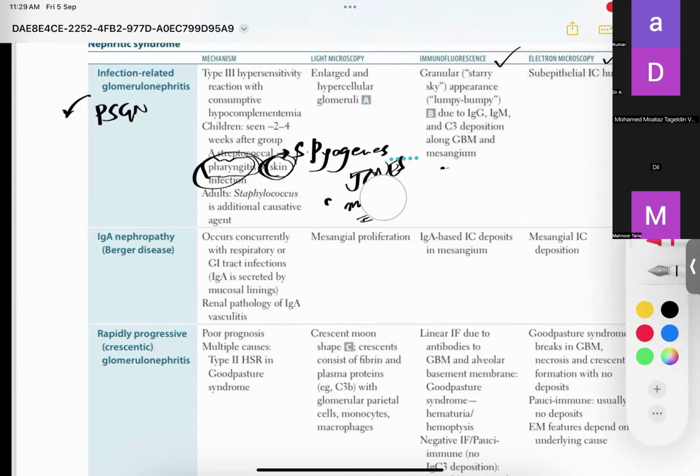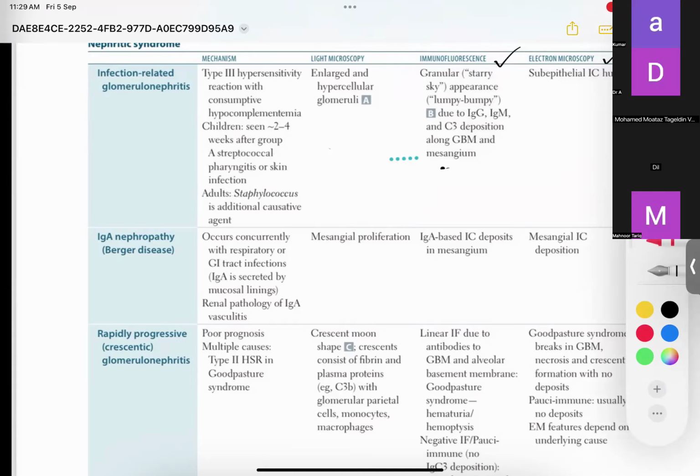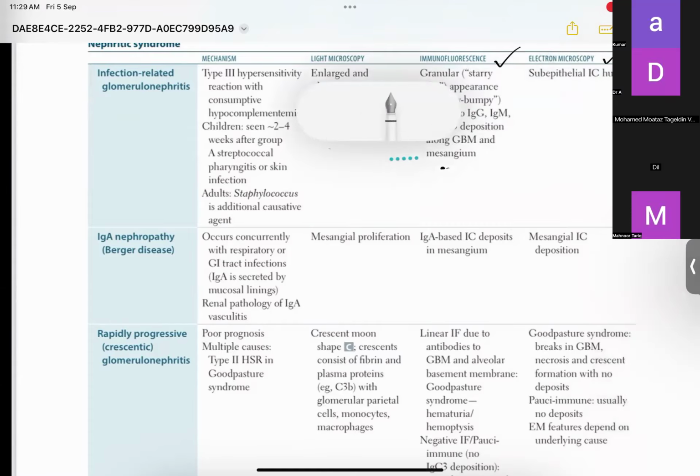Most of the students remember that it is post-infection, but you guys have to remember the heart, the skin, the pharyngitis, you have to remember the Strep pyogenes actions, okay? They will give you the high ASO titer, all these things, so that you can get the point that the bacteria is Strep pyogenes, okay?